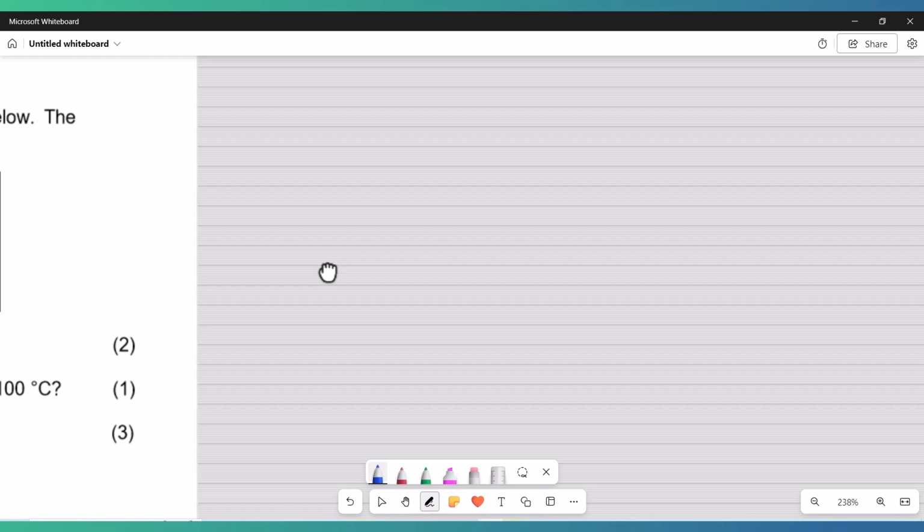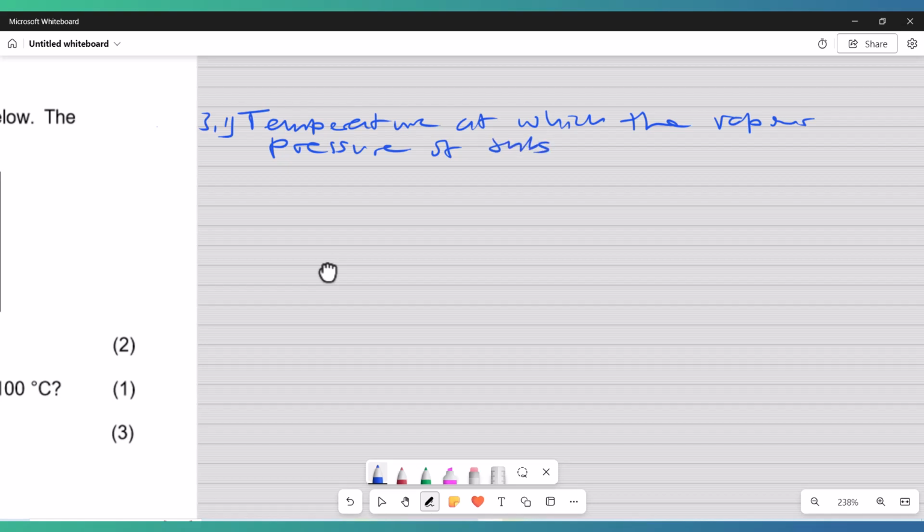Boiling point is the temperature at which the vapor pressure of a substance is equal to the atmospheric pressure. Okay, next question.